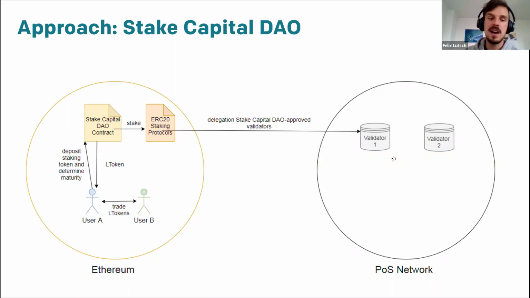So Stake Capital DAO is a contract on Ethereum that allocates the stake to these protocols on Ethereum. That's pretty straightforward. You don't need IBC or anything. The DAO has a way to choose the validators that validate the stake. So that's the DAO decision making, right?